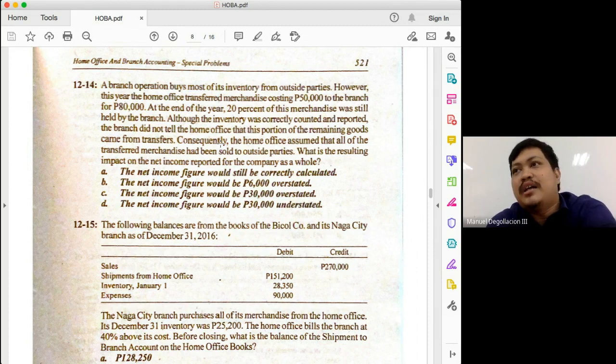That is simply the markup on the cost of goods sold. That is simply the amount that was already earned or realized. So our answer would also be 24,000. What would be the adjusting entry there? Debit, allowance for overvaluation, and credit, branch income.